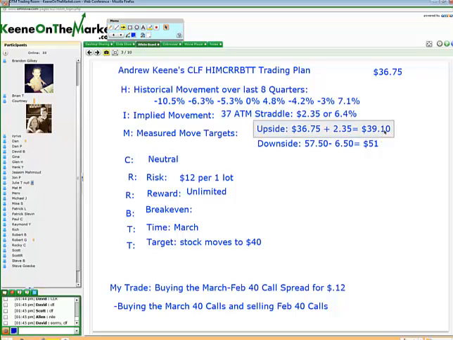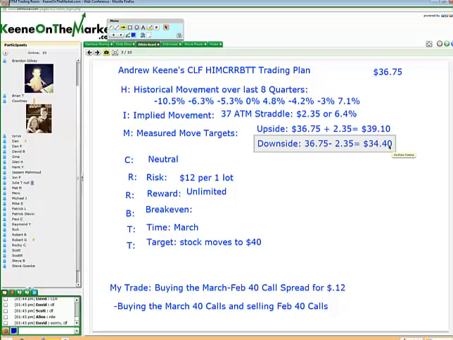And then I have a downside measure move target, $36.75 minus $2.35, which is $34.40.